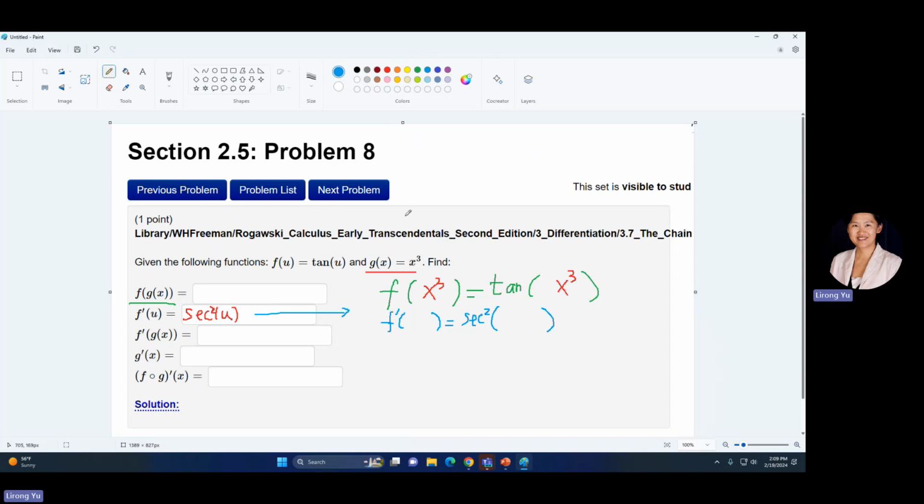Okay. Now that's the derivative of the outside function. But then according to question 3, we're putting g of x as u. So we would put in x cubed in here. Therefore, there's x cubed. Okay. So if you want to find f prime of g of x, you're doing this. So the answer for that one will be secant squared of x cubed.